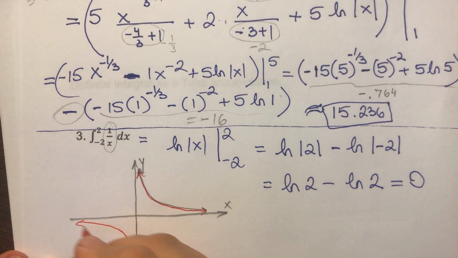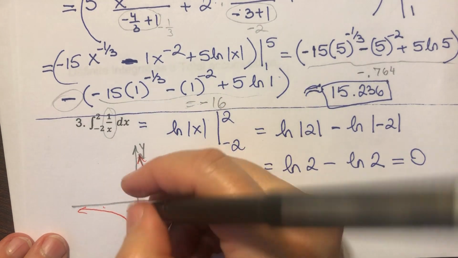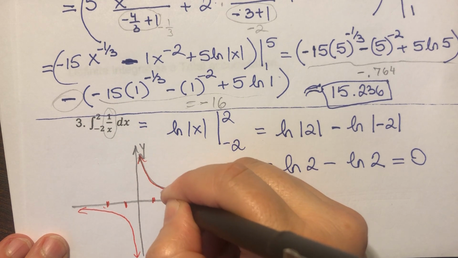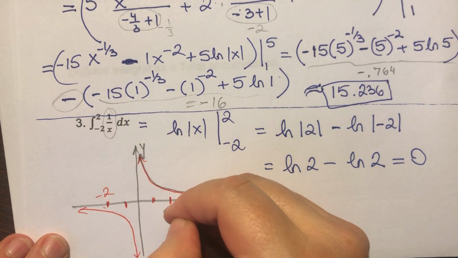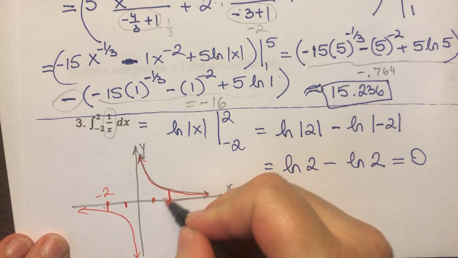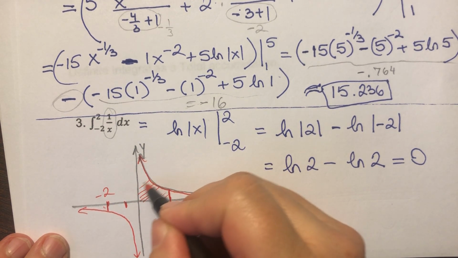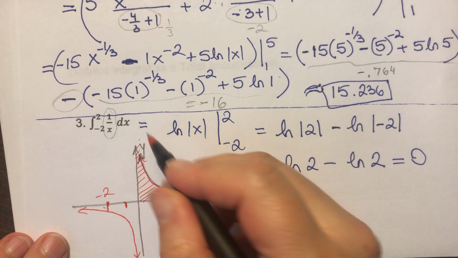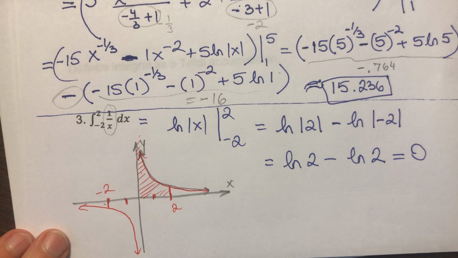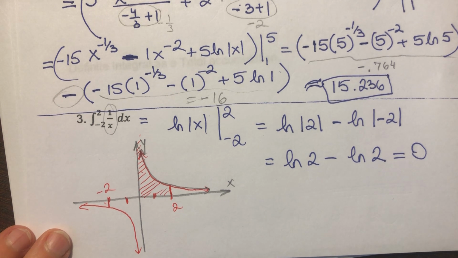What do I mean by that is this looks exactly the same, right? And then between -2 and +2, what's the area under the curve between -2 and +2? As a matter of fact, that's an infinite area, because this graph will never ever touch the y-axis. It'll get closer and closer, but it won't even touch it.